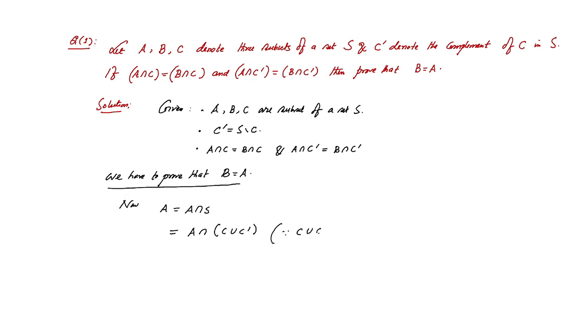Because C union C complement is the universal set. So now we'll apply the distributive law, and we can write (A intersection C) union (A intersection C complement), by the distributive law.